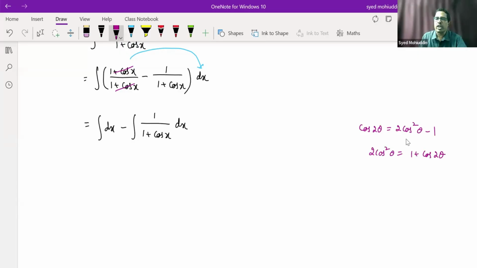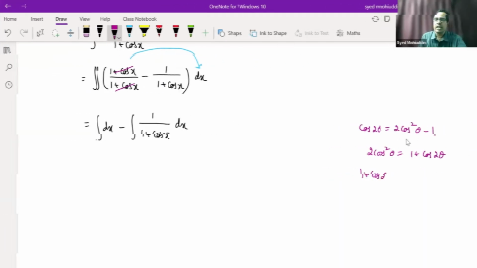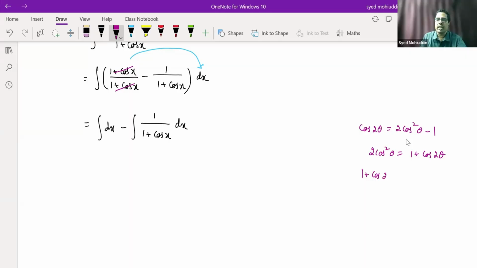But here you can observe that in place of 2 theta, we have x. So I'll rewrite this 1 plus cos 2 theta as 2 cos square theta.